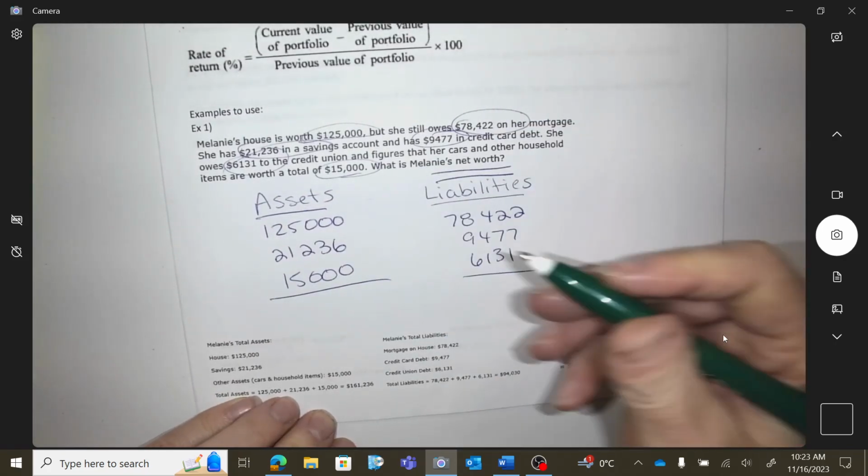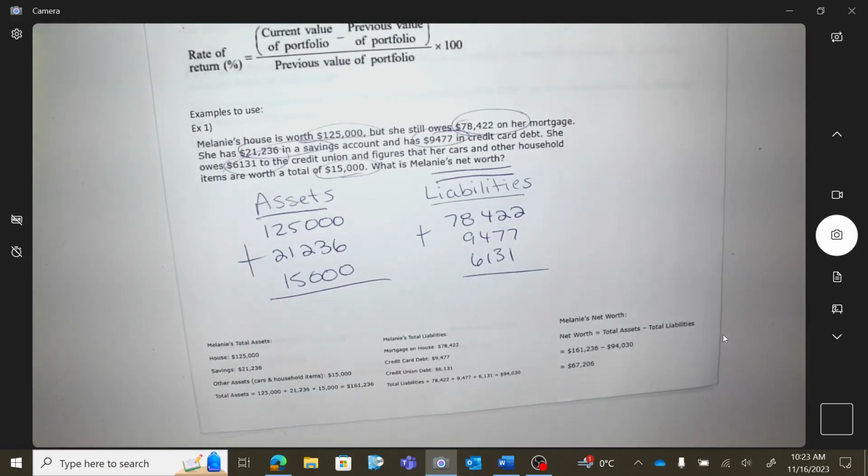Okay, can you add up all the good things that she has? Add up all the bad things?